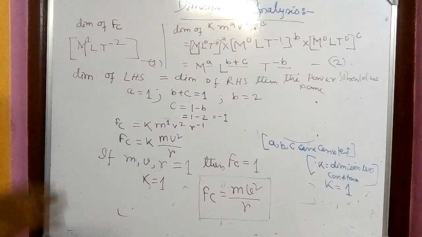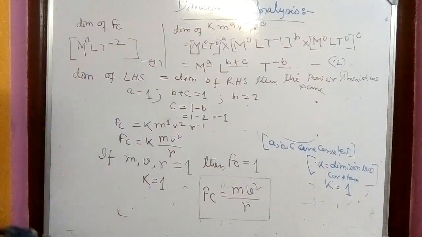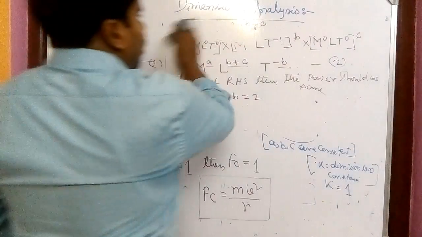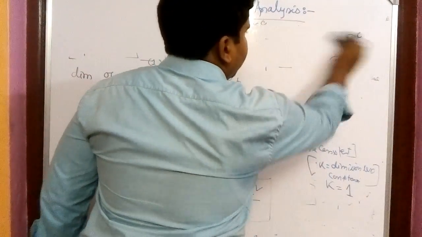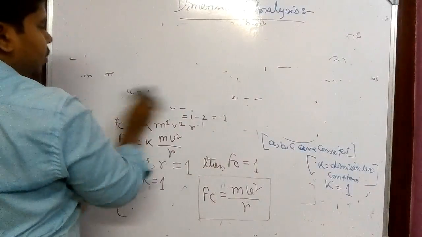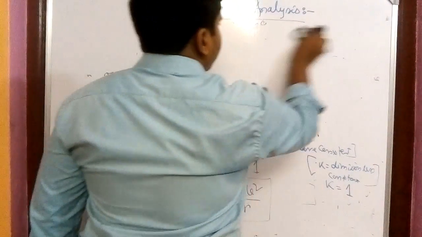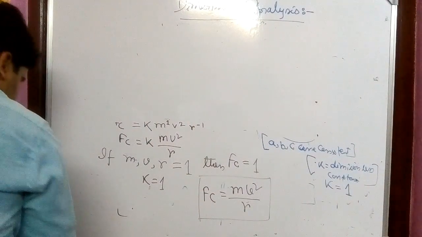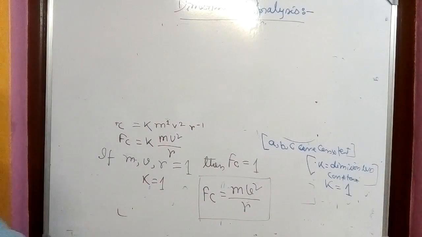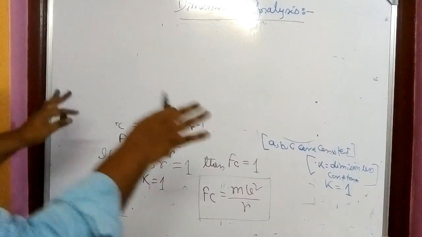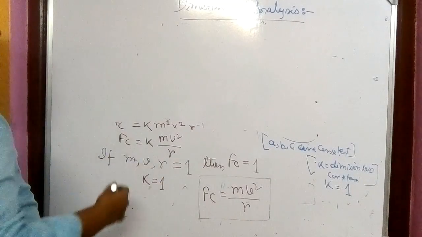If you want to write it, make your video pause here, write it down, and then we'll go for the next one. So next thing means we can say it is the last part of the dimension. From next day we will do the numericals of it, as well as one part I will leave, that is the limitation of dimensional analysis. Though there are many more uses, there are some limitations.